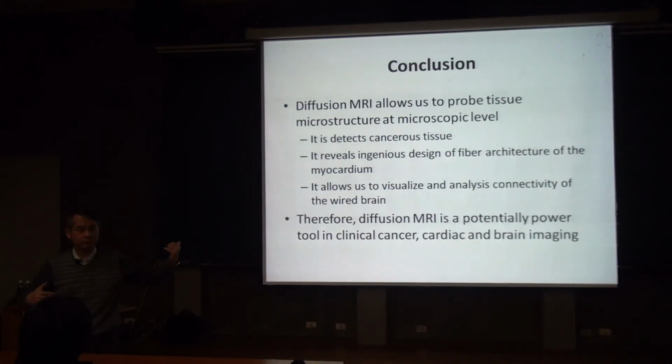As I showed you in the prostate cancer, in the cancer tissue the diffusion coefficient will be decreased, ADC decreased, right? And then you can apply this technique to the whole body, to image the diffusion weighted image of the whole body, and then you can screen for cancer. So this is already a product now.